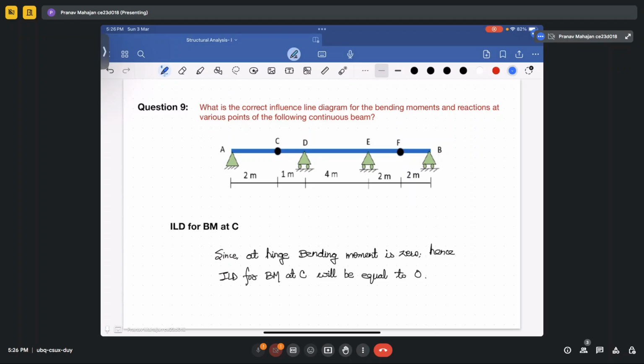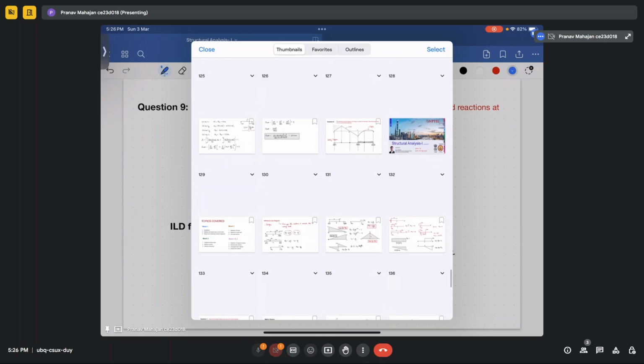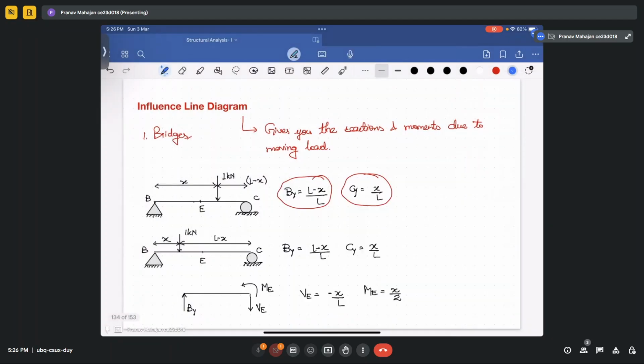So summarizing this whole session, how we have started. We started with the influence line diagram. Whenever you are required to calculate the influence line diagram for any particular point, take a load, move it from left to right and right to left along the number of spans that are provided to you, and then calculate the reactions and moment for each span due to whether the load is there at that point or not.